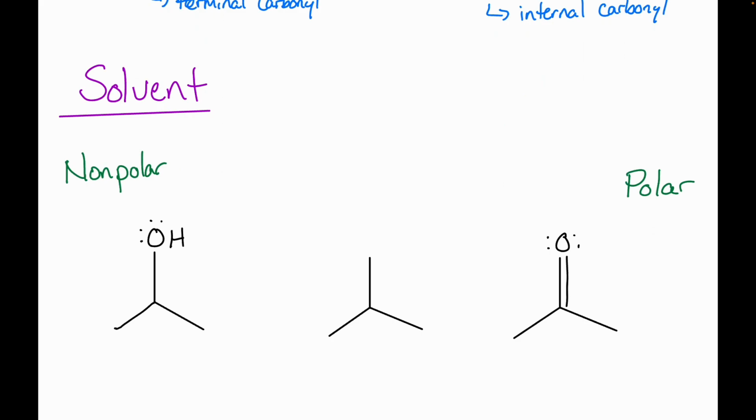We have an alcohol, an alkane, and a ketone here. And I want you to rank them from nonpolar to polar. Which one is the least polar? Which one's the most polar? All right, so which one's the least polar?